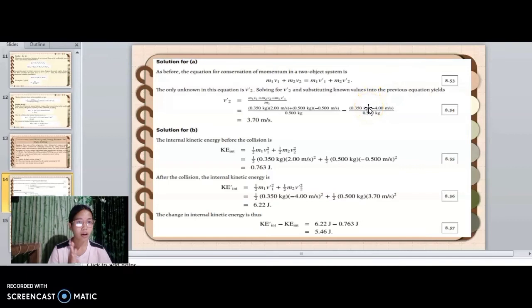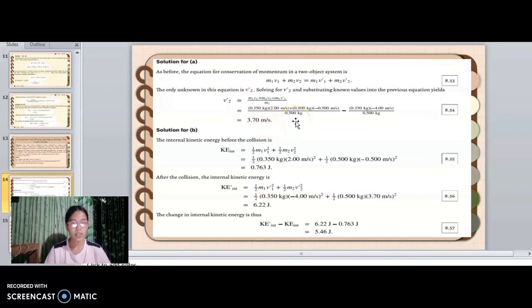All divided by m2, which is 0.500 kilogram. Calculating that, we get 3.70 meters per second. So our final velocity for cart 2, the second object, is 3.70 meters per second.